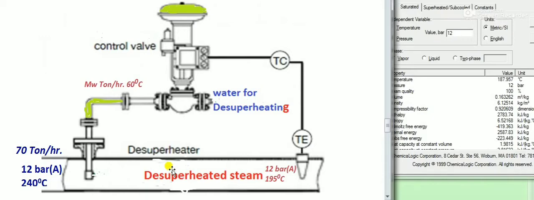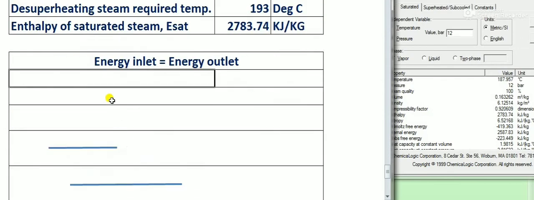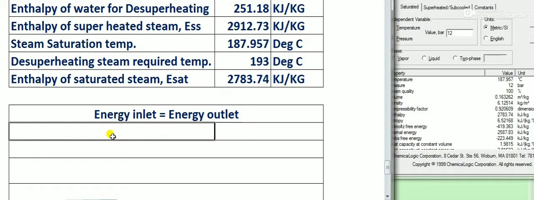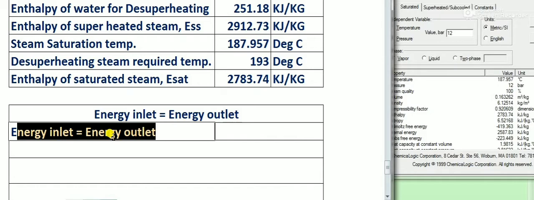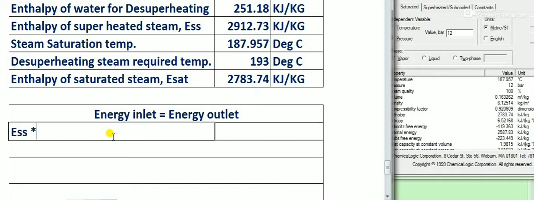In that, I want to calculate the enthalpy of desuperheated steam. So enthalpy of superheated steam into mass flow rate of superheated steam plus enthalpy of water into mass flow rate of water is equal to enthalpy of desuperheated steam into mass flow rate of superheated steam plus enthalpy of desuperheated steam into mass flow rate of water.